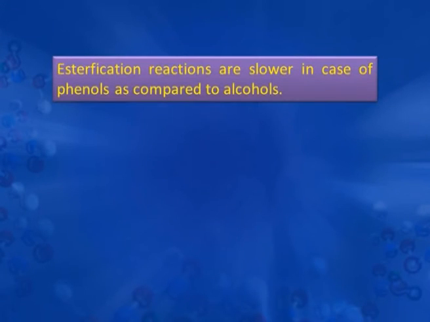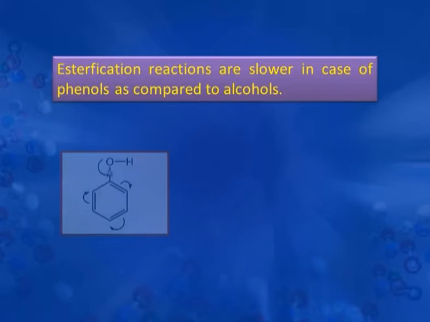Now, when we look at the esterification reaction of phenol, it has been found that esterification of phenol is slower as compared to alcohols. We have already discussed esterification reaction with alcohols and have found that if we compare the two, phenol and alcohol, phenol undergoes esterification slower.